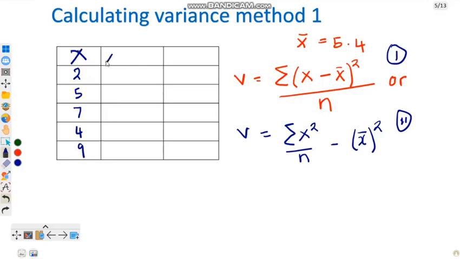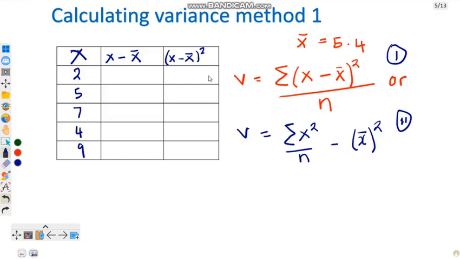Now here we are going to have x minus the mean, then x minus the mean in brackets squared. Here the mean is 5.4. So we just need to say 2 minus 5.4.